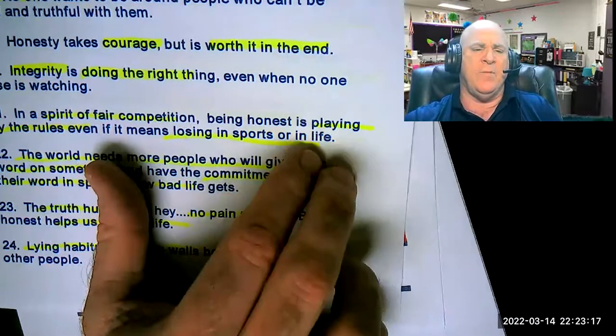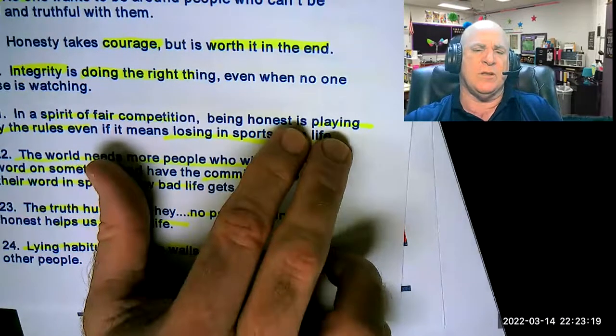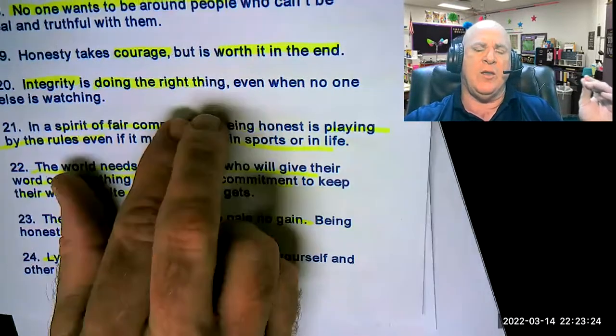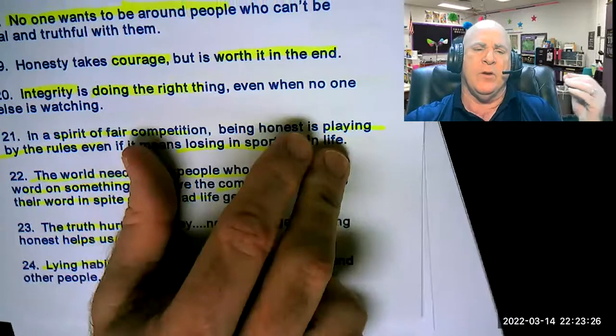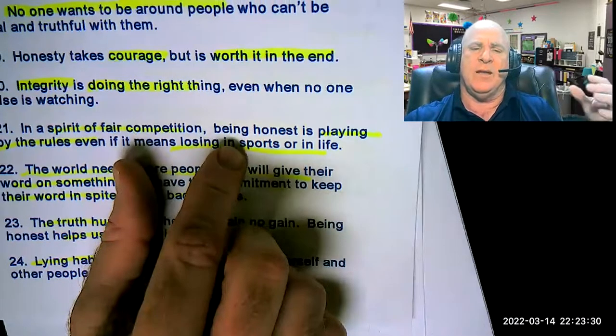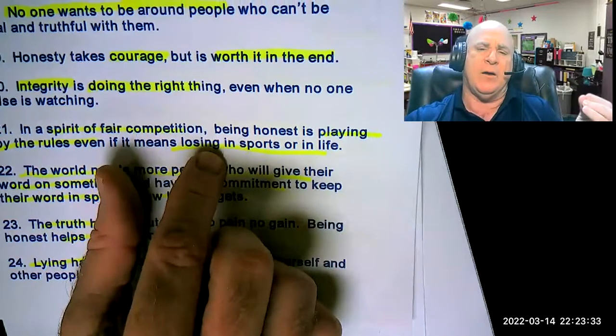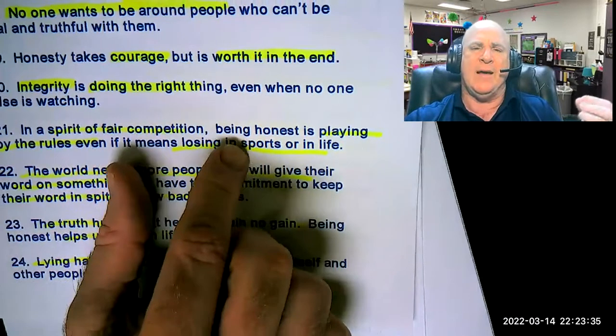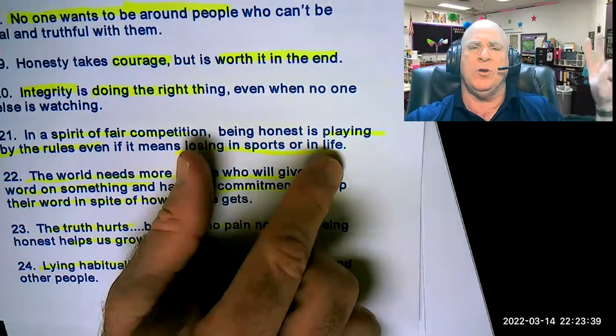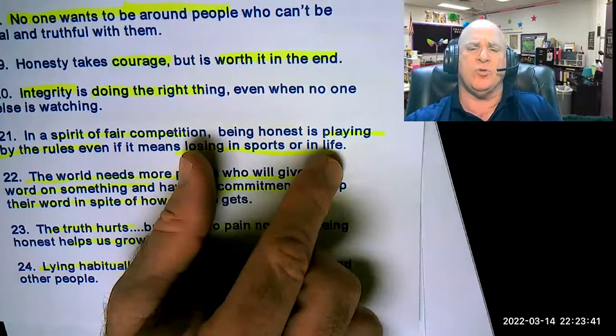But if you mention playing by the rules in sports or in life, that means in the body, you're going to talk about what happens if we don't play by the rules in sports. And you also have to talk about what happens when we don't play by the rules in life. You'll have to give some examples of people who don't play by the cultural rules.